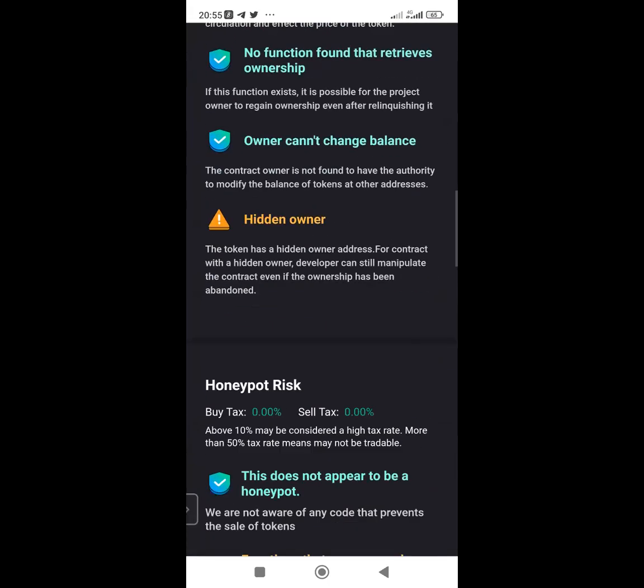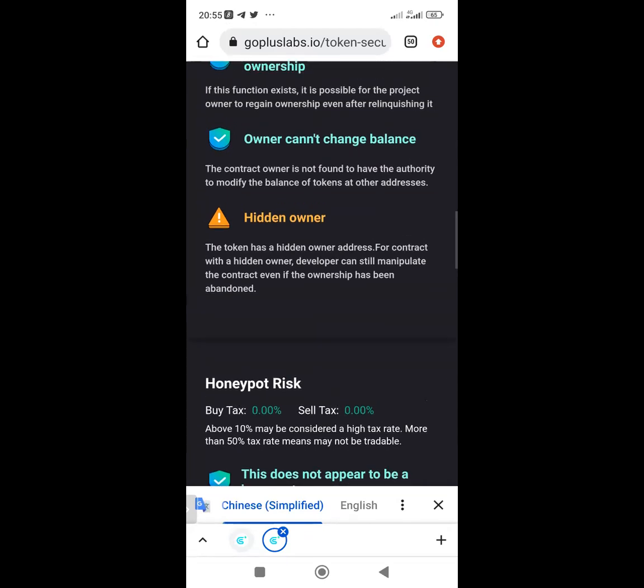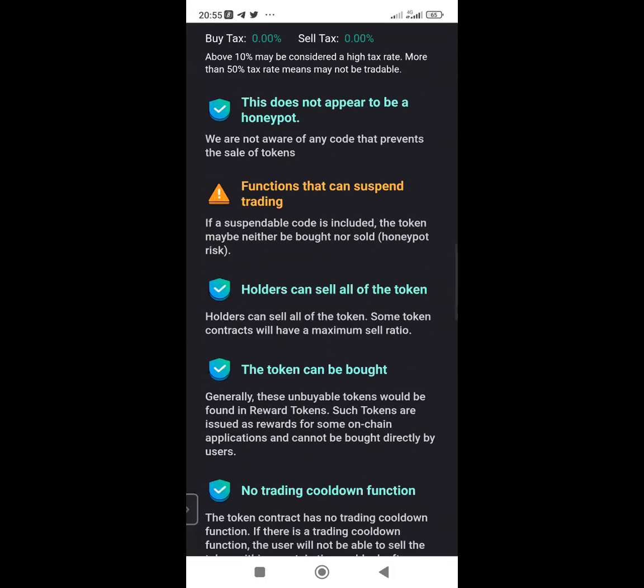But there is something a bit fishy about Matic: the token has a hidden owner's address. They just hide the owner's address, but it's not a really major issue. So people can still use Matic. It's not so much of a risk.